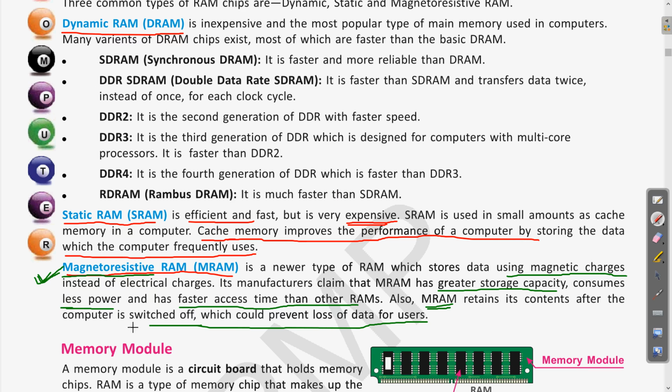Clear? And the content will not be deleted. This is the advantage of MRAM, as well as they have more storage facility, and also the access time is less. Clear? So this way we have covered the three types of RAM, that is dynamic RAM, static RAM, and magnetoresistive RAM. I hope this is clear to you.